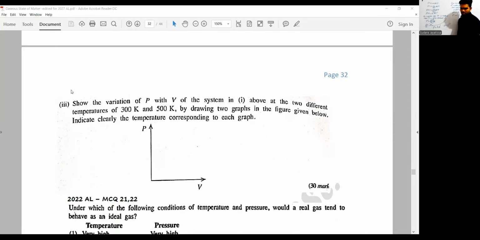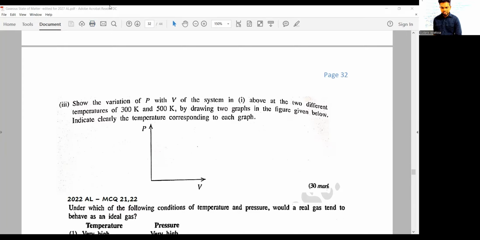You'll go to the third part of that question. Show the variation of pressure with volume in system 1, the one that applied for Boyle's law, at two different temperatures, 300 Kelvin and 500 Kelvin. So Boyle's law simply says the relationship between pressure and volume.